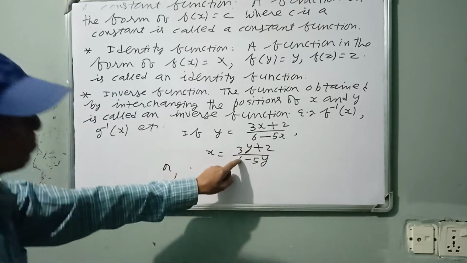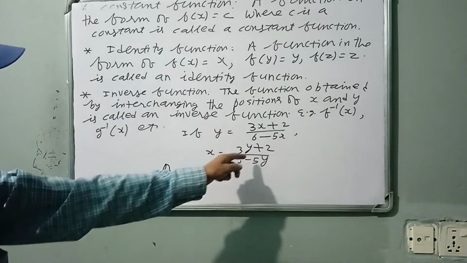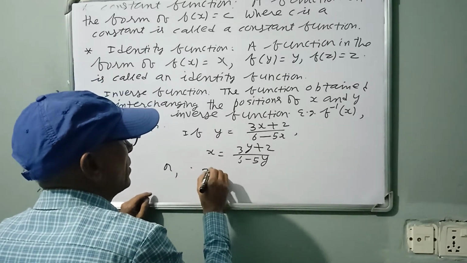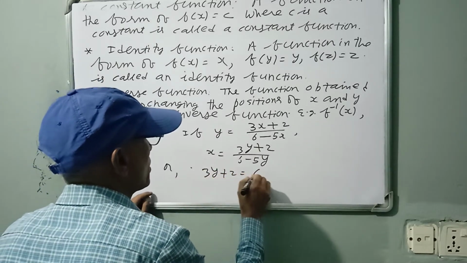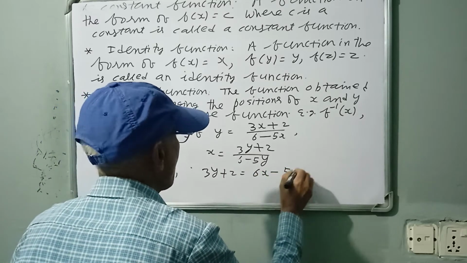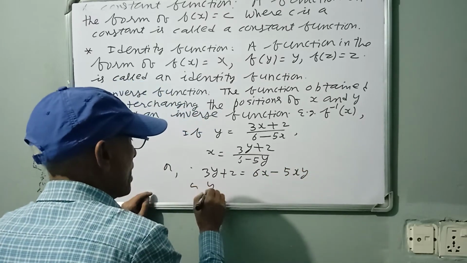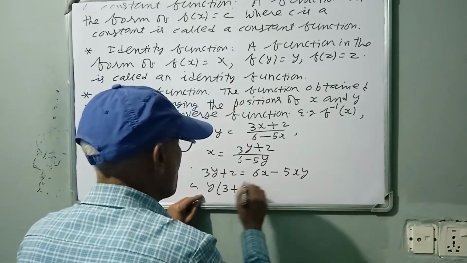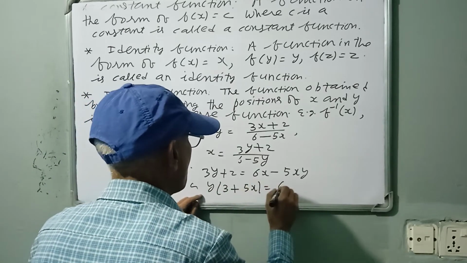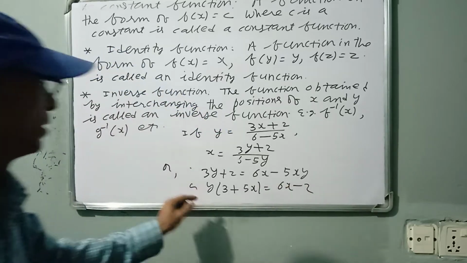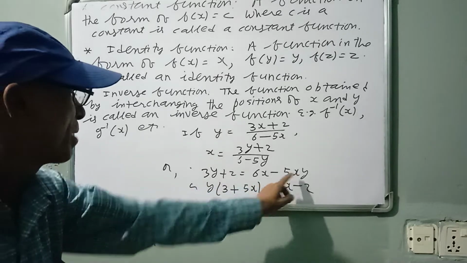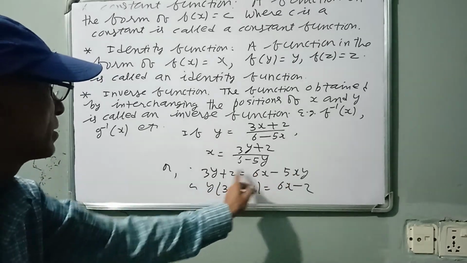Here, if you cross multiply and put terms on the left side, 3y plus 2 equals 6x minus 5xy. If you take y common, y times (3 plus 5x) equals 6x minus 2.